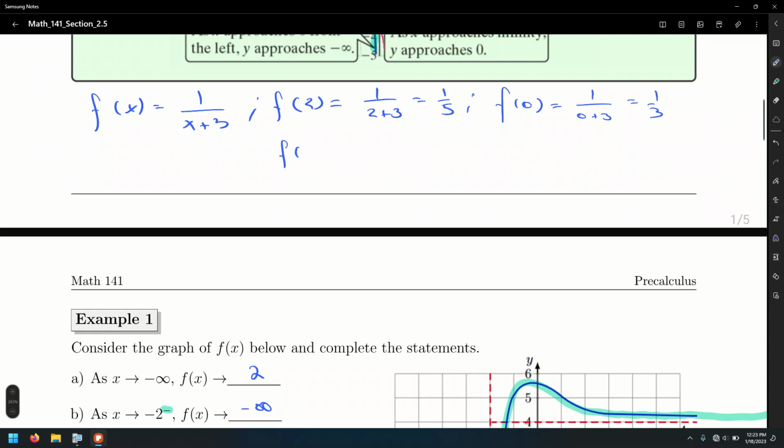However, what about f of, what's this? I'm going to do -3. And that's 1 over -3 plus 3. What are we going to get in the denominator? 0. What's the result of dividing 1 over 0? It's undefined, all right? It's undefined.